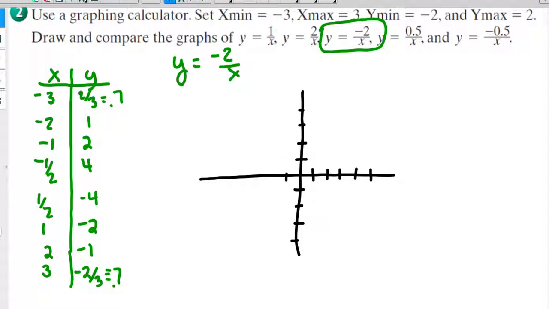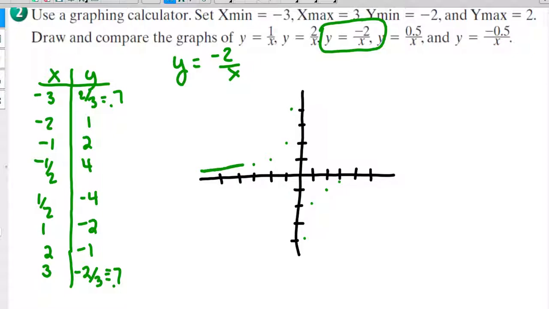All right, and I'm just adding the tick marks to my coordinate plane right now. All right, so now let's go ahead and graph these points. So we have -3, 0.7; -2, 1; -1, 2; and then -1/2, 4; 1/2, -4; 1, -2; 2, -1; and then 3, -0.7.